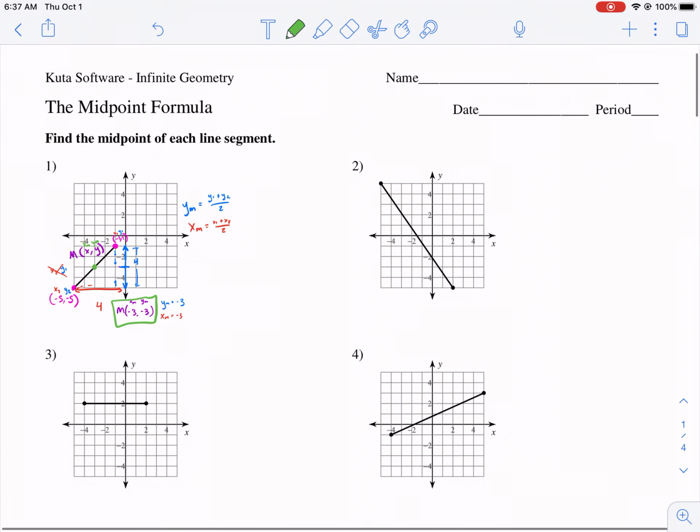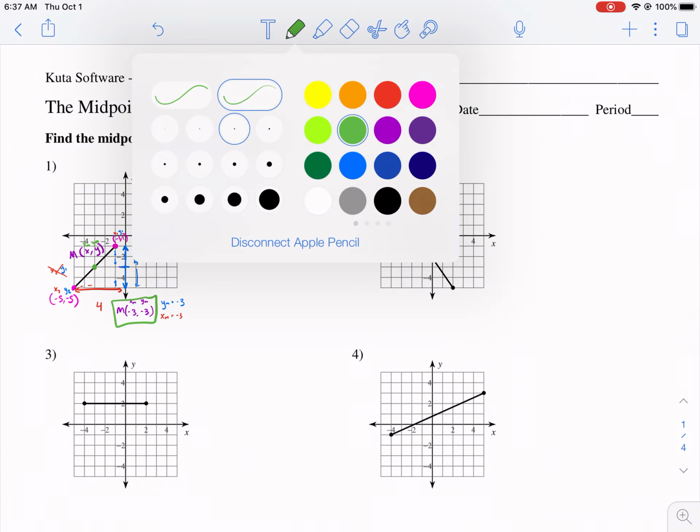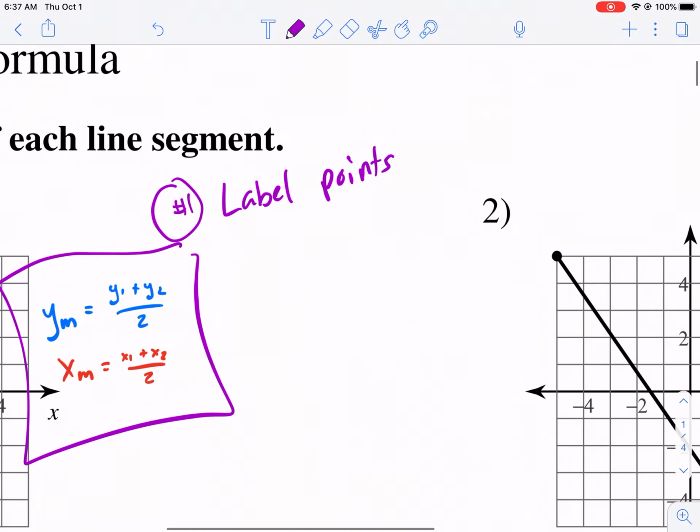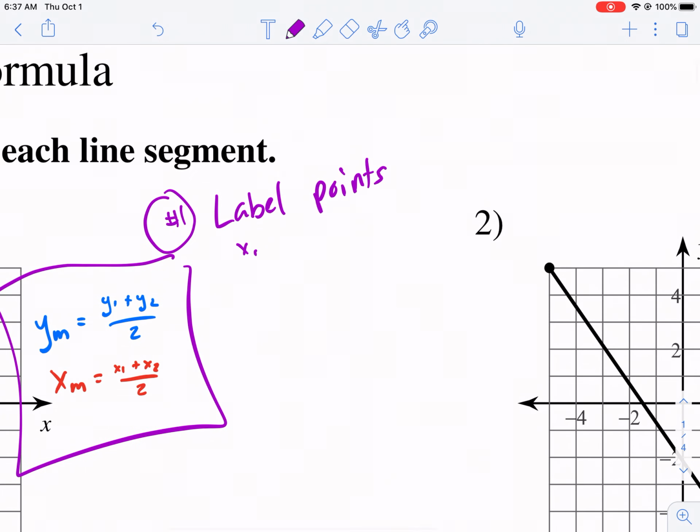Okay, so we're done with that. What was our process? As a review, number one, label the points. You want to label x1, y1, x2, y2, and also xm and ym. One of those is going to be unknown.